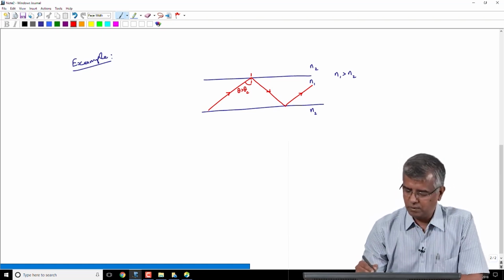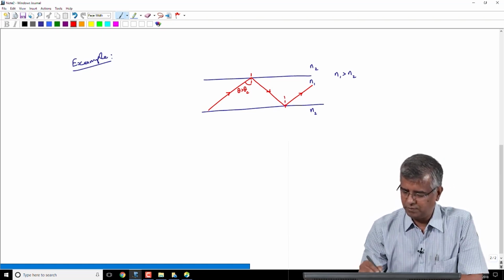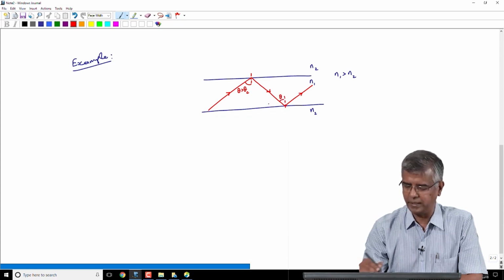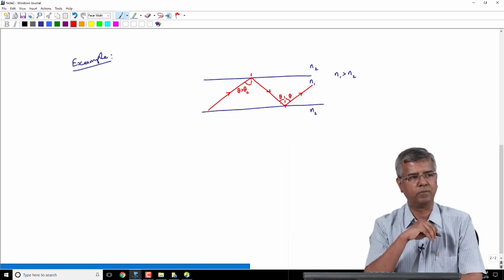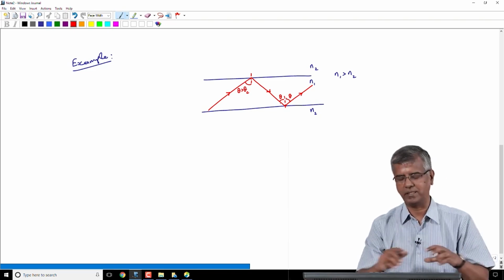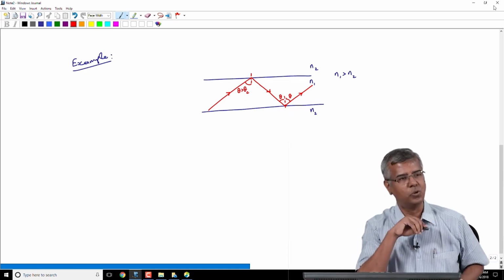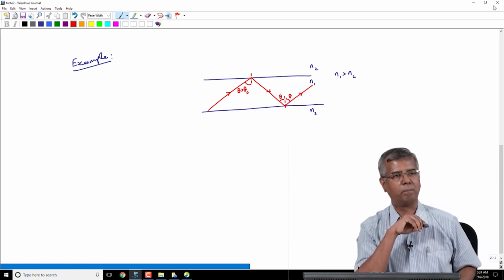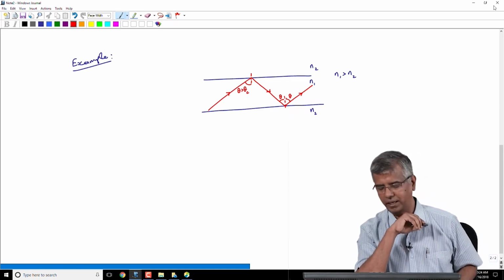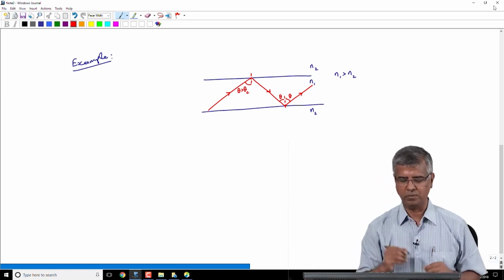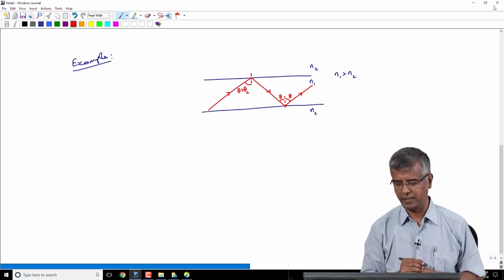Now, of course, that is because if that is theta, this is also theta, right, and the reflected angle is also theta. So, that same condition is maintained as long as those two interfaces are parallel to each other, okay. So, we say that could act like a waveguide.